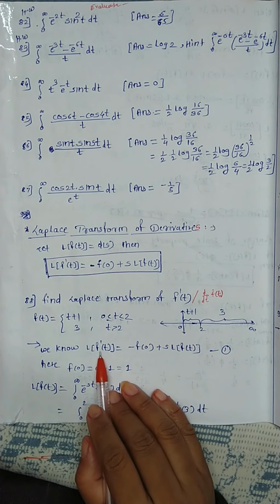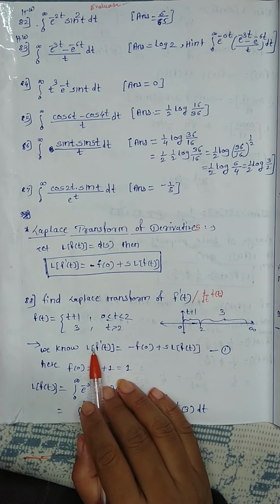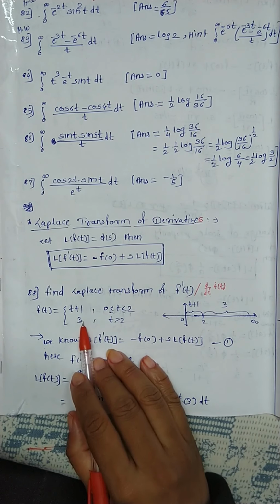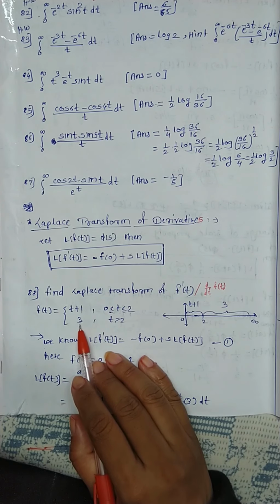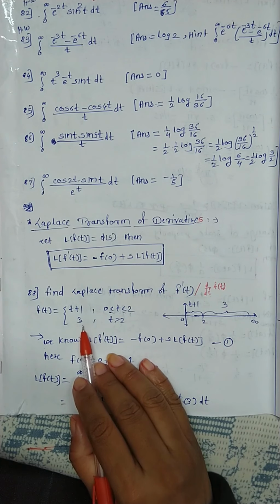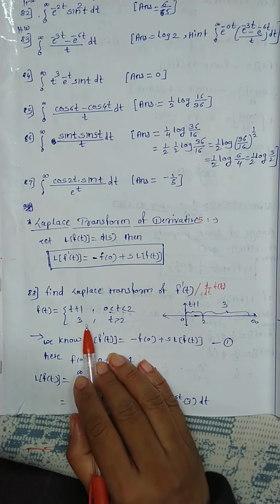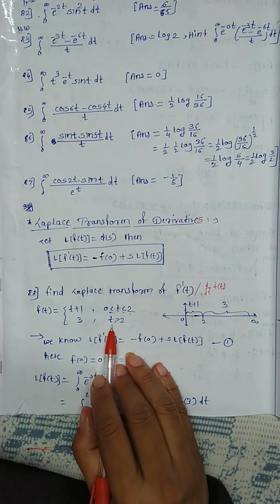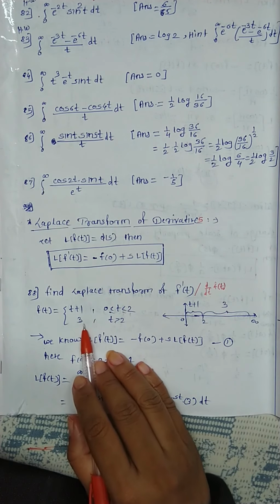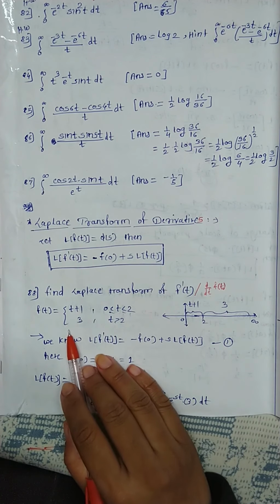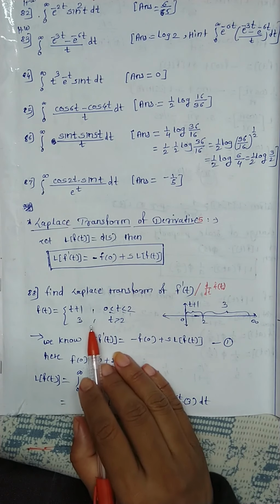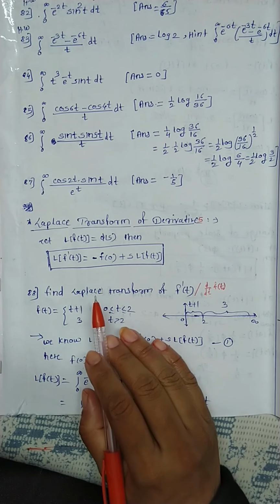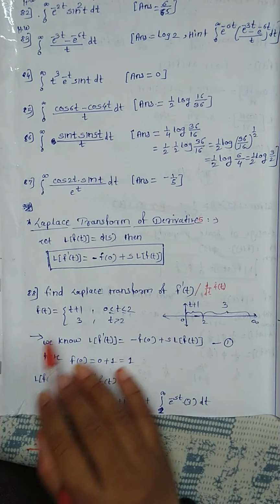If you want to calculate Laplace transform of such function f of t, then we use the original Laplace transform definition here. Remember that whenever the function is given in interval format whose upper limit is infinity, whatever the function is, we can use the original, first definition of Laplace transform. Let us see how to calculate.